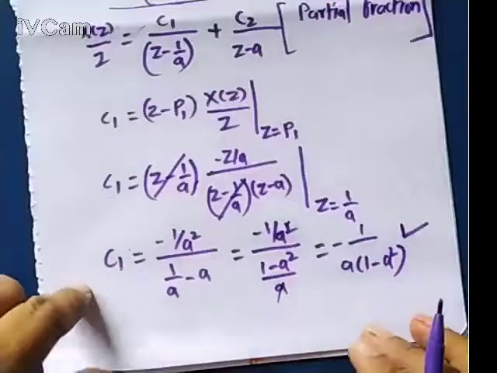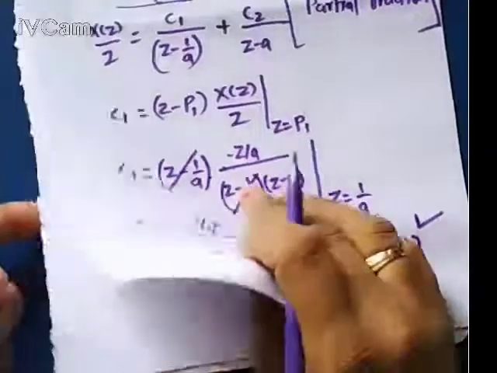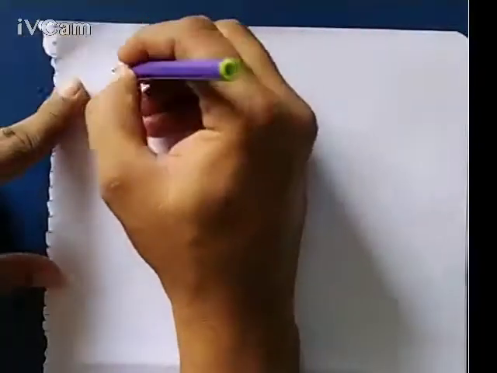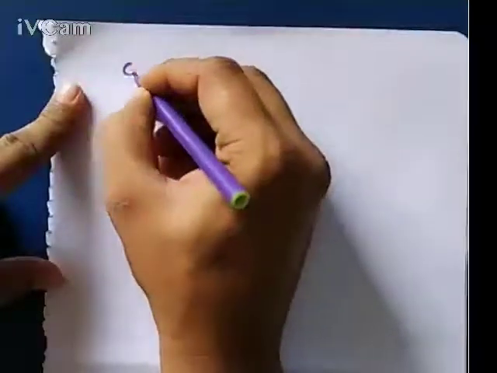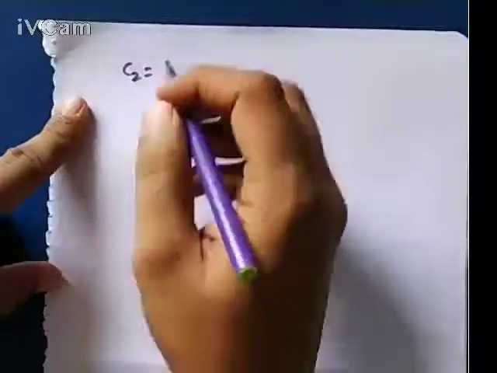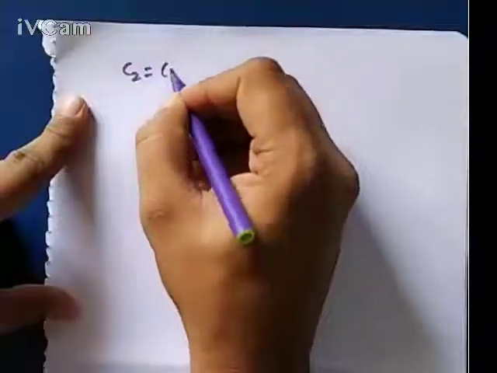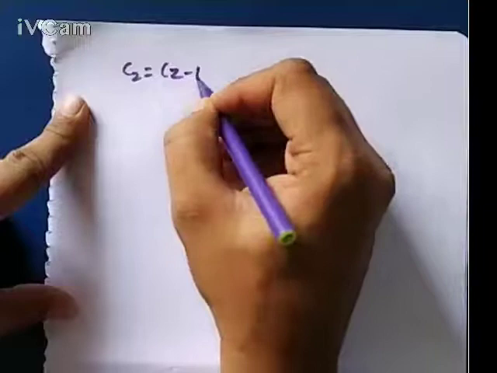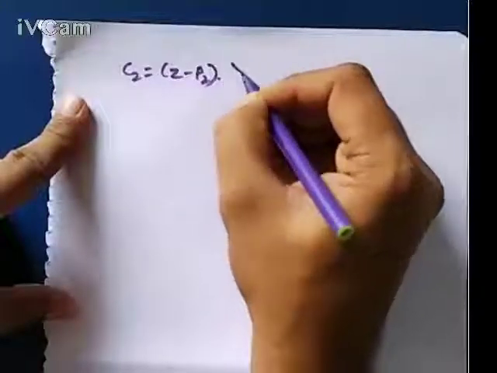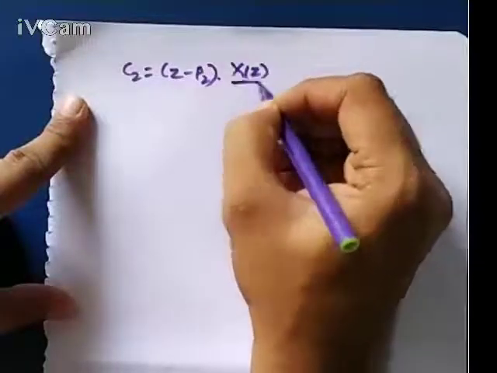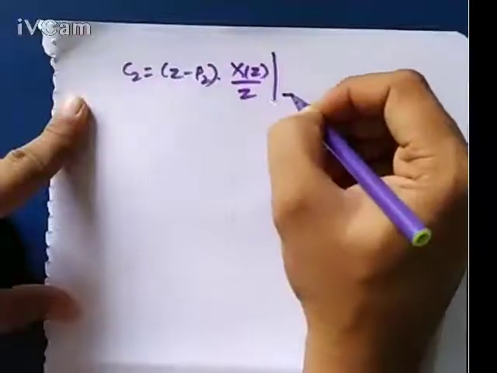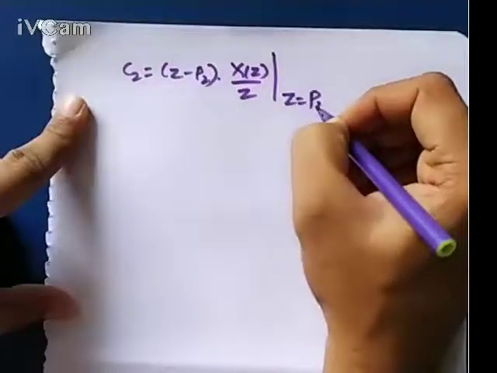Okay, relatively we need to calculate c2 also. Now c2 is the second coefficient, and again I need z minus p2 into X of z upon z at z equal to p2.